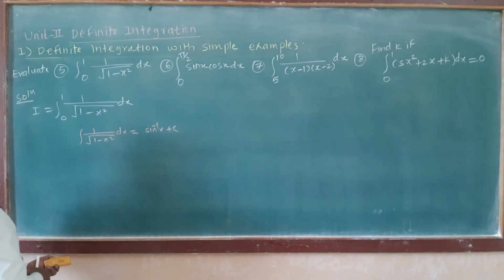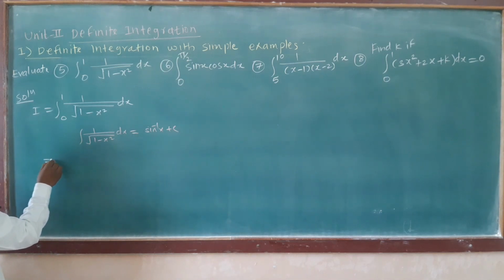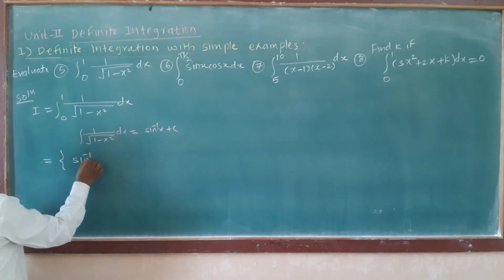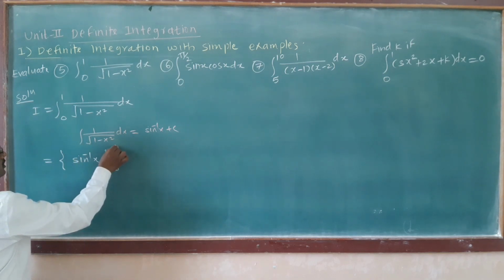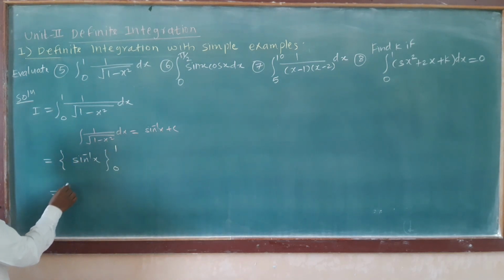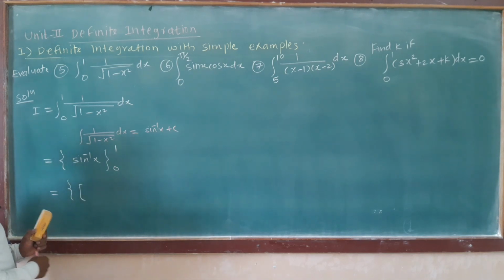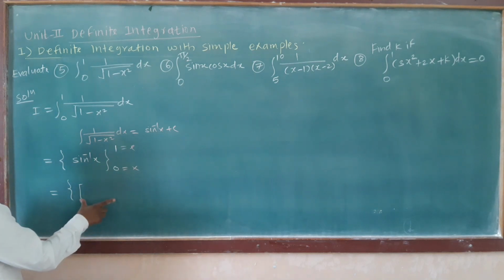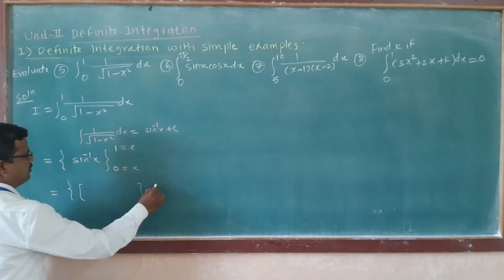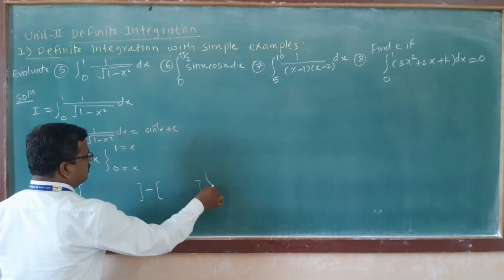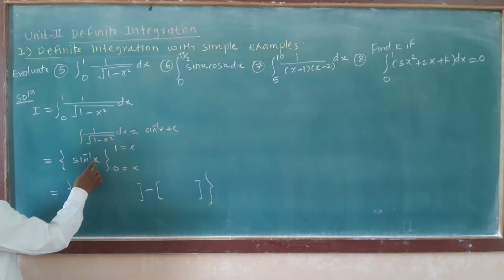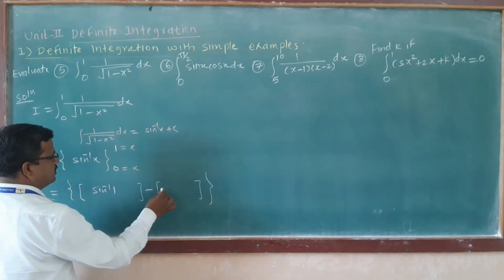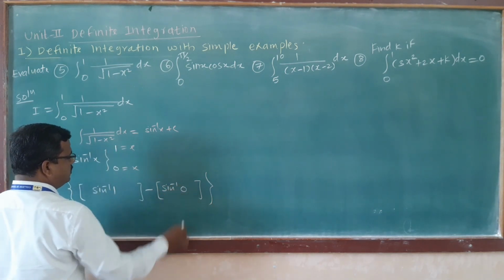So therefore it is equal to sine inverse x within the limits 0 to 1, which is equal to upper limit minus lower limit. Now put x equal to 1, this is sine inverse of 1 minus sine inverse of 0.